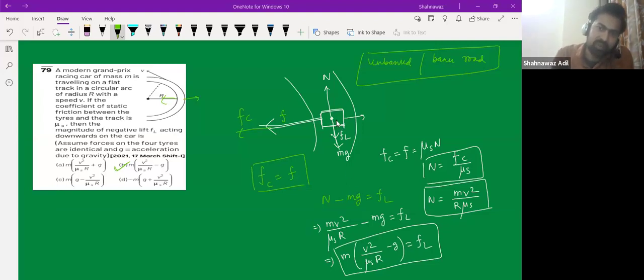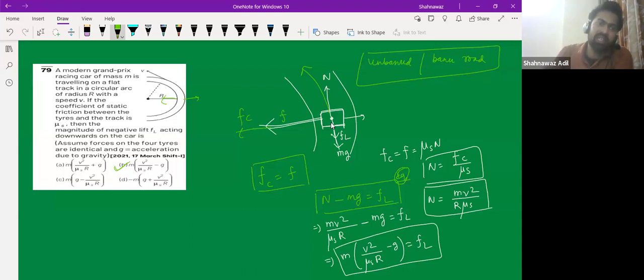The car is moving only in this direction, not upwards or downwards. So we have to apply the equilibrium. Is it clear? Because we are not assuming that the car is going upwards.